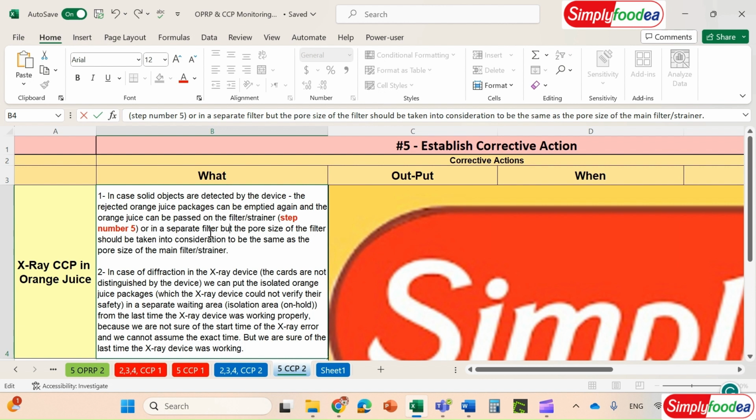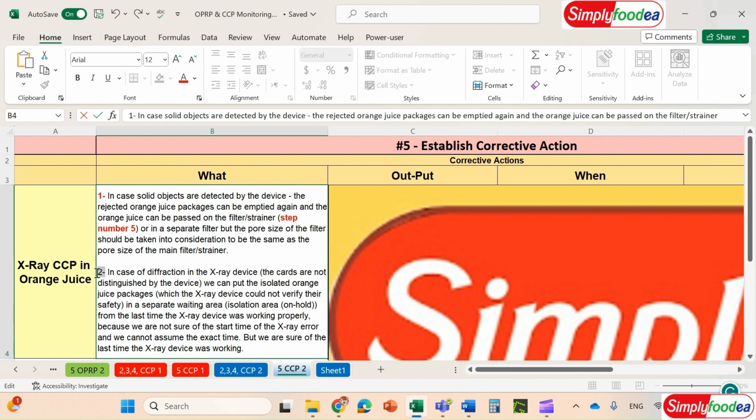Or in a separate filter, after taking all the products we can repass it on a separate filter, but the pore size of the filter should be taken into consideration to be the same as the pore size of the main filter or strainer in step number 5. So this is due to the malfunction or the deviation of the result.